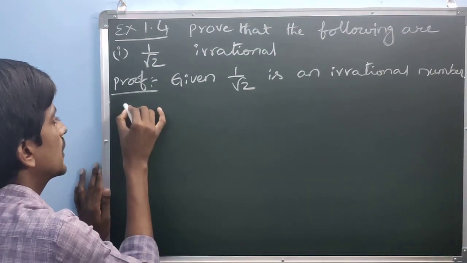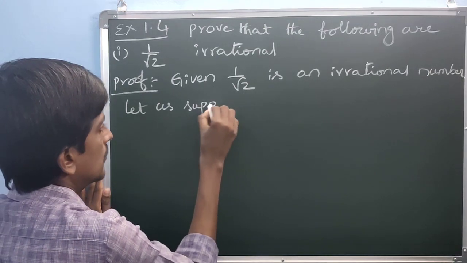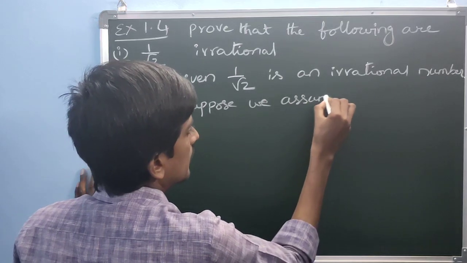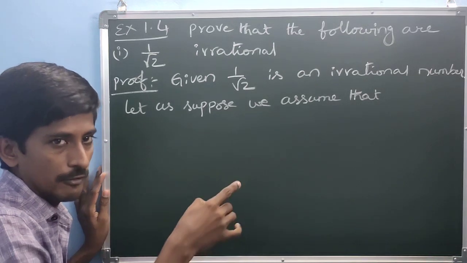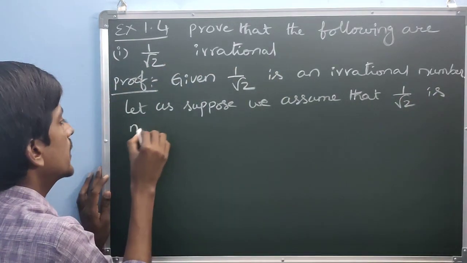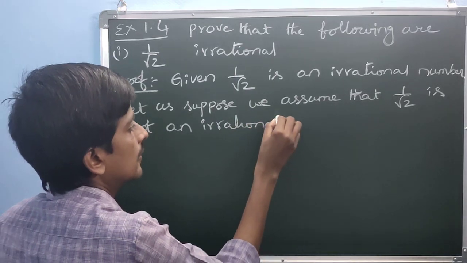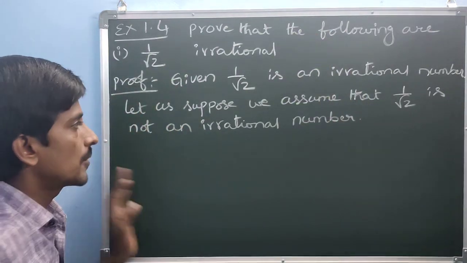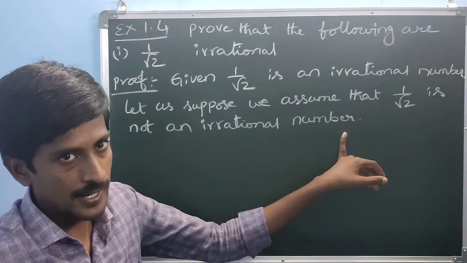Let us suppose, we assume that 1 by root 2 is not an irrational number.